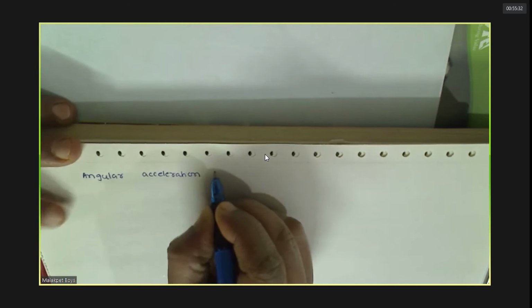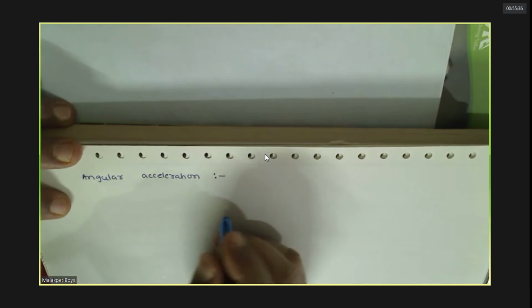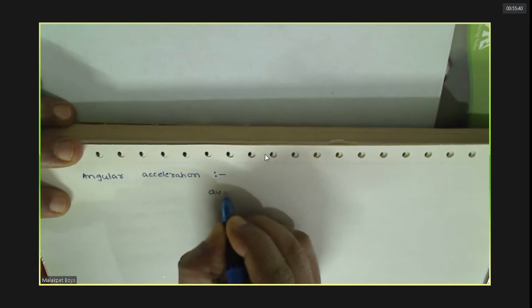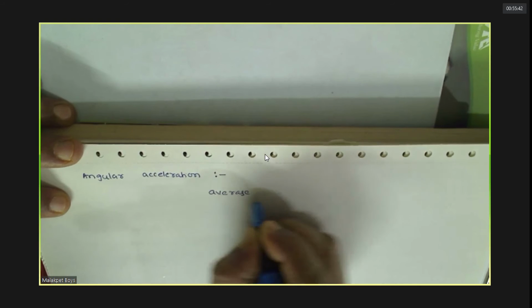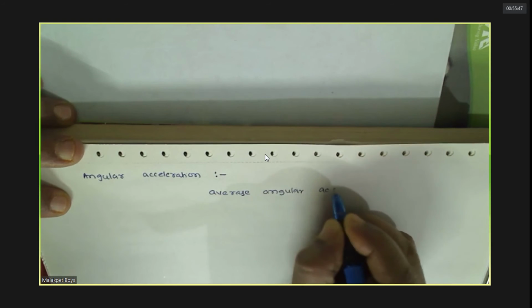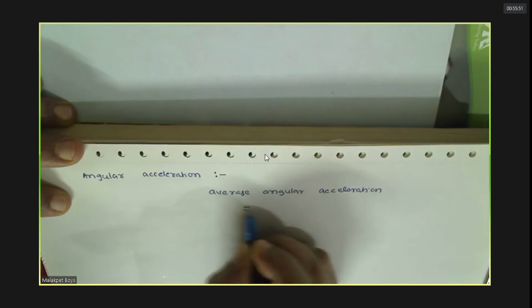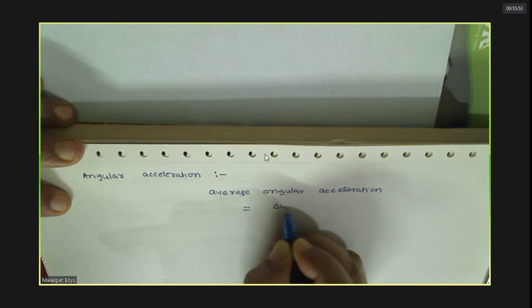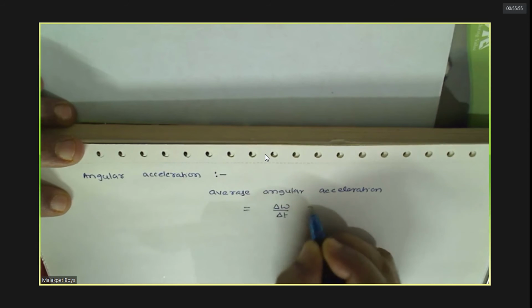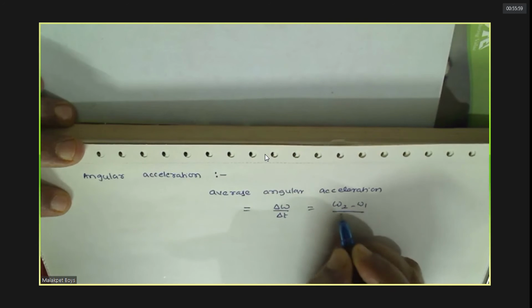Whenever you have average angular acceleration, it means acceleration in a given time interval, that is delta omega by delta t. This is omega 2 minus omega 1 by t2 minus t1.